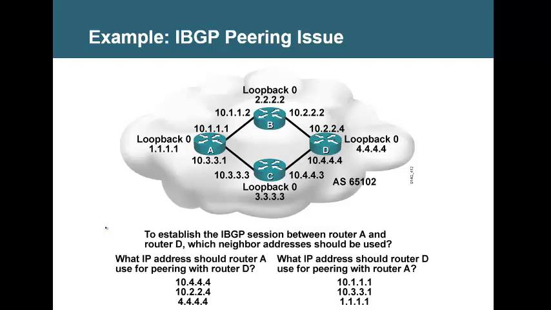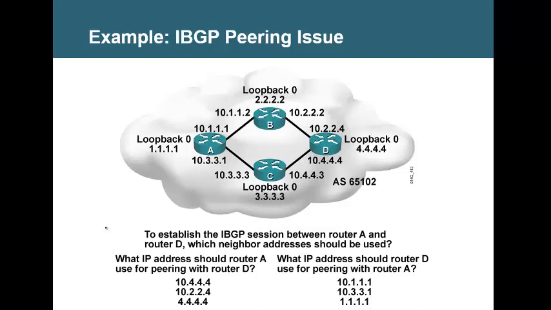Are you convinced with what I said? We need to use the loopback interface, not the physical interface, because if the link goes down, the neighbor will go down. But if I have a loopback interface, even if any one path is available out of these two, I'll have the neighbor. Are you convinced with this?